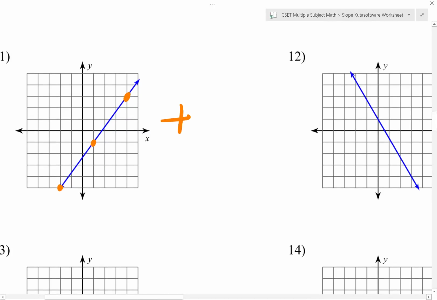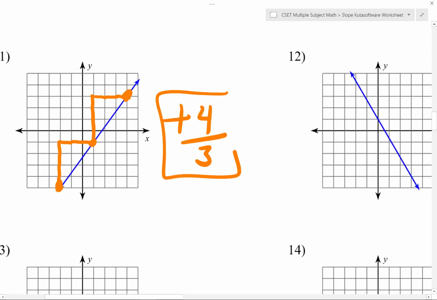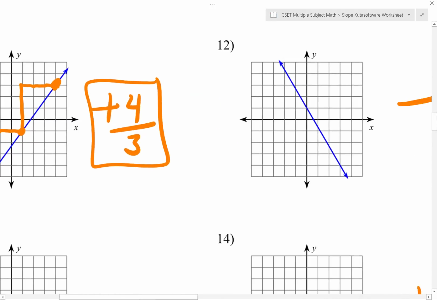So watch, if I go from this point to this point, that's up 1, 2, 3, 4 over 1, 2, 3, up 4 and over 3. And so if I had used this point, it would have been 1, 2, 3, 4 over 1, 2, 3. So that's the idea of a line, is that its slope never changes from point to point. It's a constant, in this case 4 over 3. Constant slope.